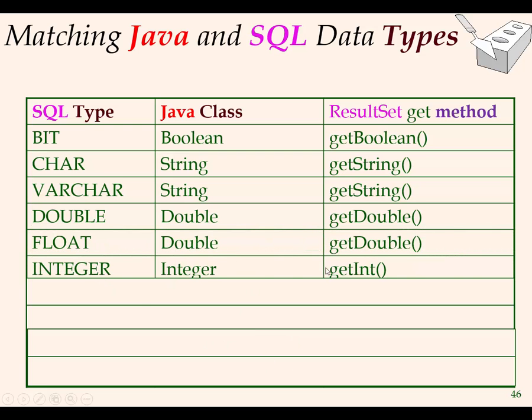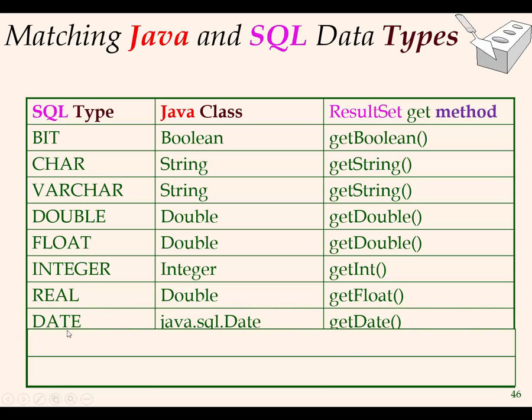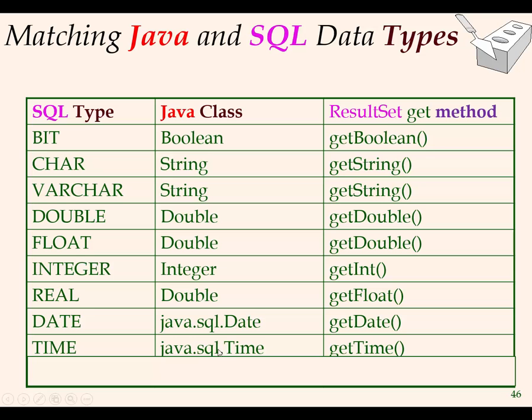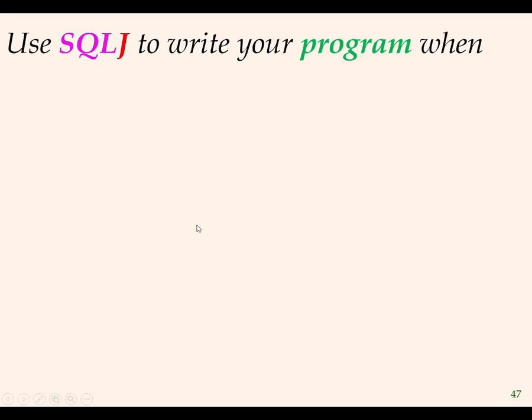An integer is a wrapper class Integer, so you use the method getInt. Real, that's double, getFloat. The date, Java has a Date class, so it's in the java.sql Date, and getDate will return that. Time, they also created a class for time. getTime will give you that, and timestamp, they also created a Timestamp in the package java.sql, getTimestamp.